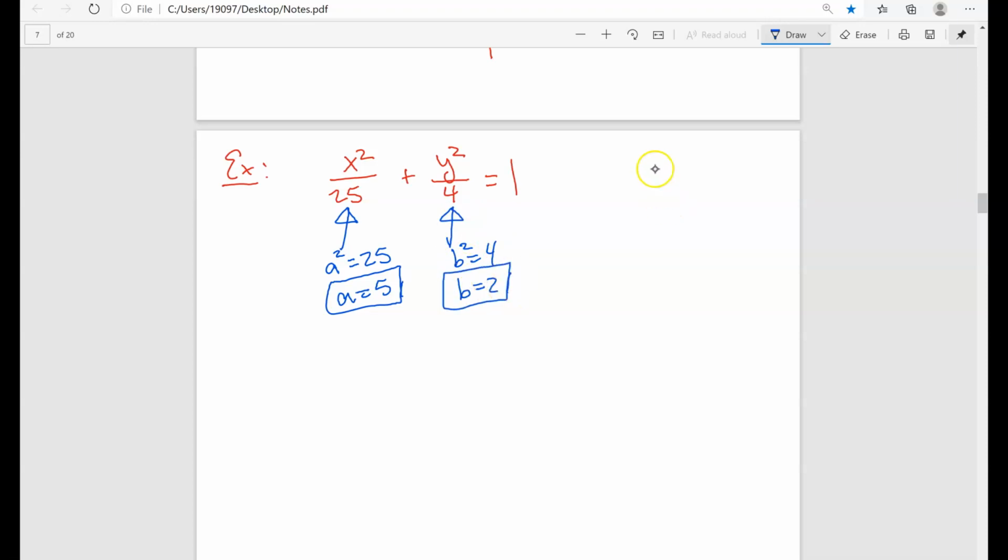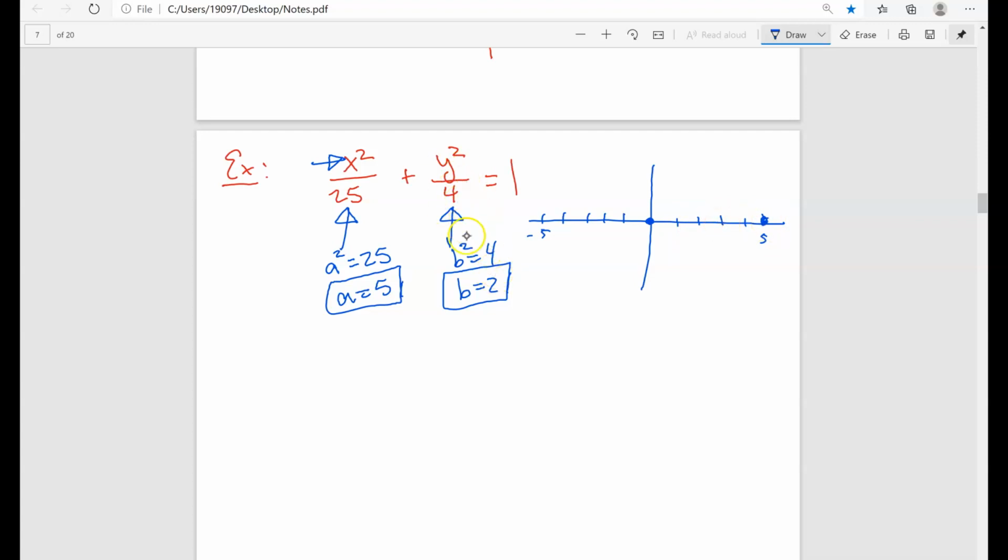So when you graph this guy, you're going to start at the origin. Notice that you're at the origin. There's no movement. Now you're going to go 5 units over. 1, 2, 3, 4, 5 along the x-axis because that's the variable on top of the 25. 1, 2, 3, 4, 5. So this is going to be 5 units that way.